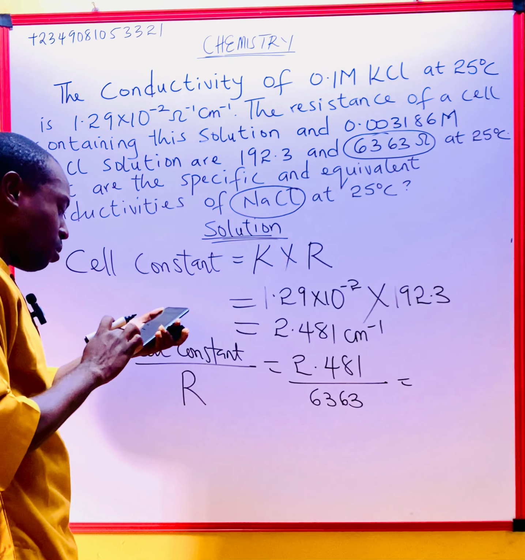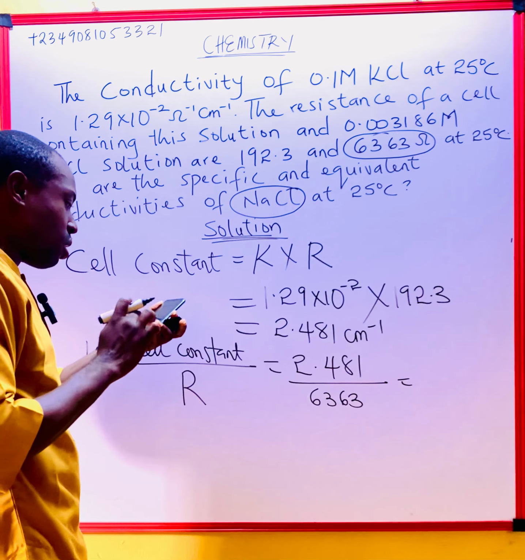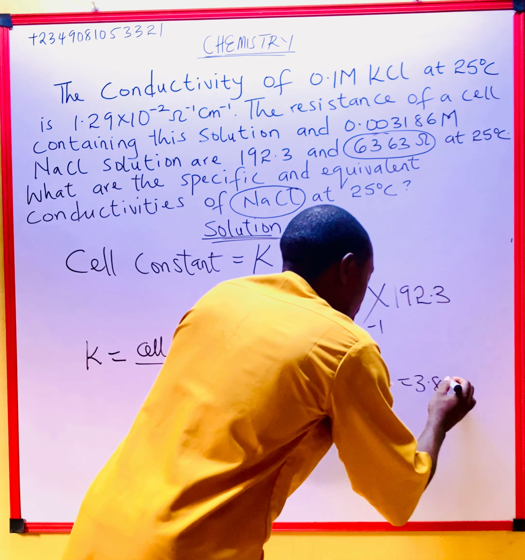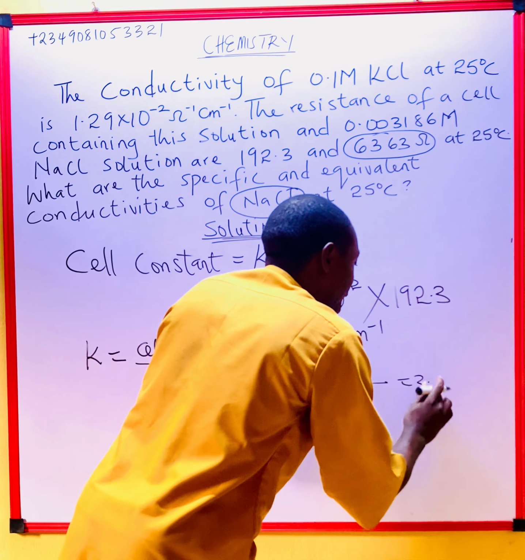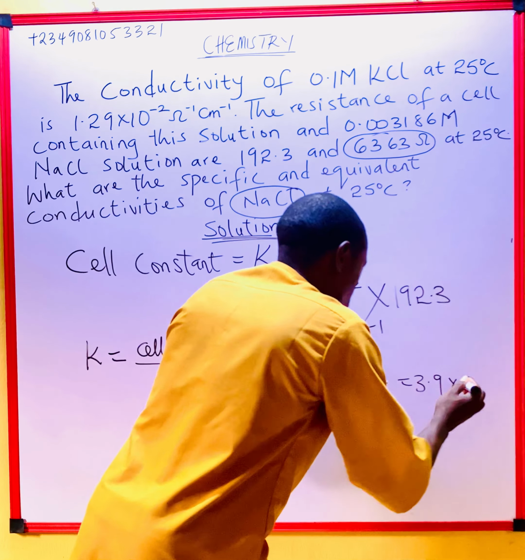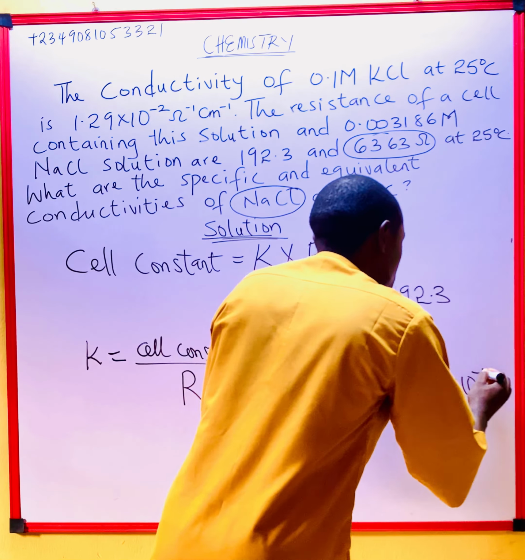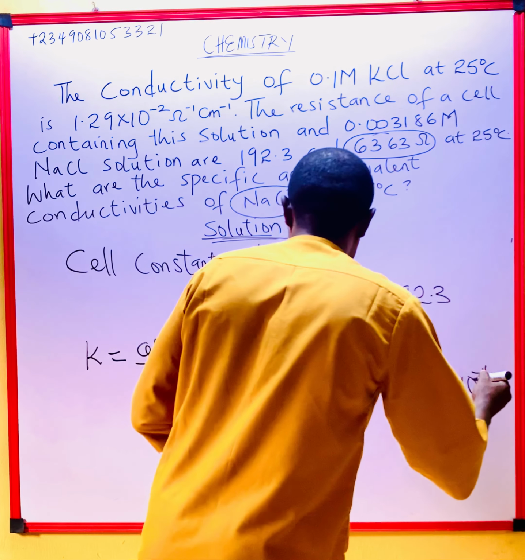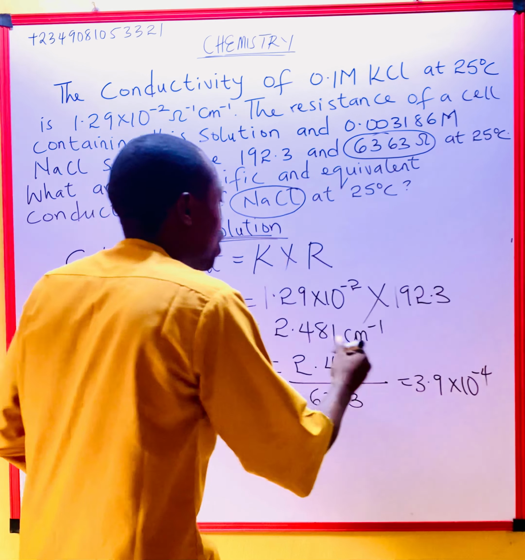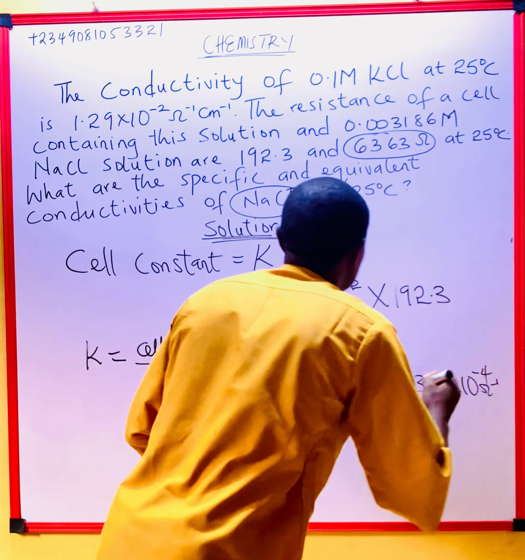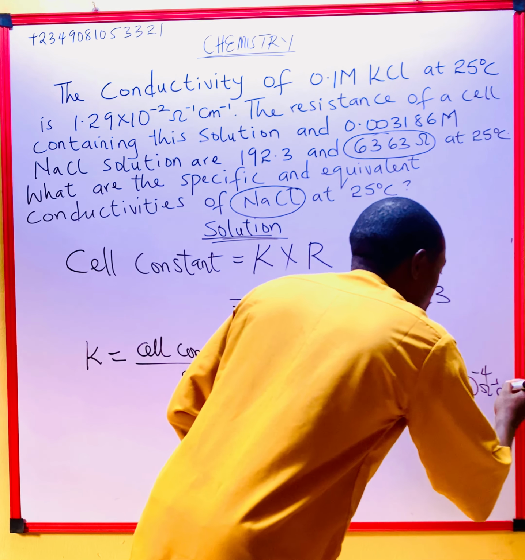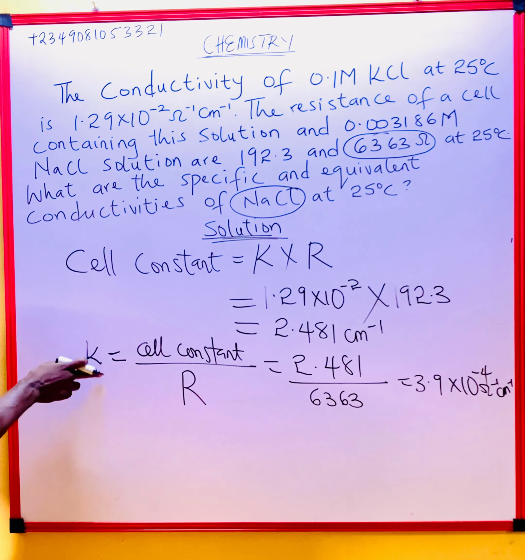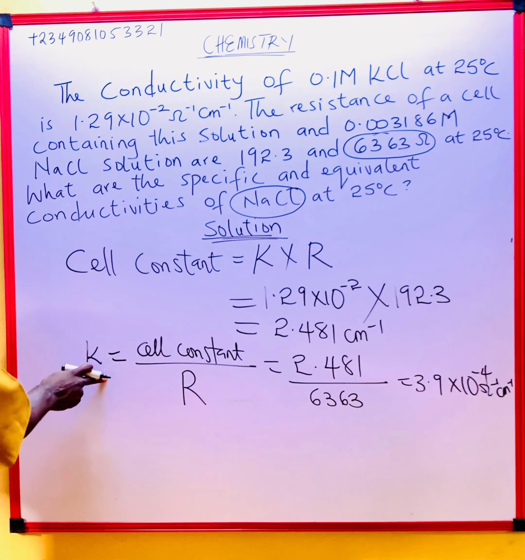We should be having an answer of 3.9 times 10 raised to power minus 4, in per ohm per centimeter. This is for the conductivity.